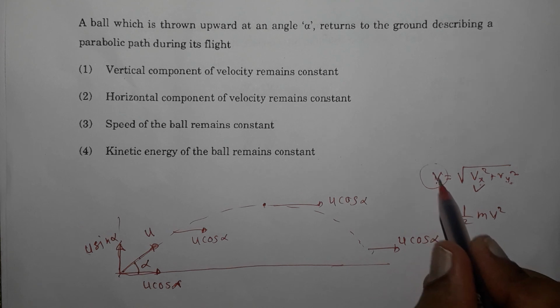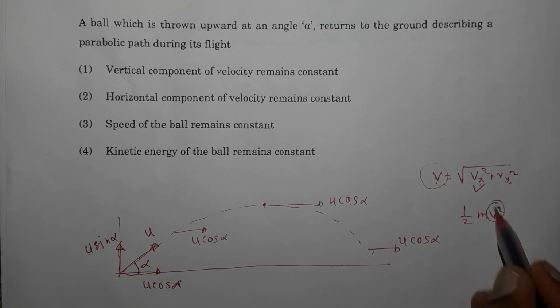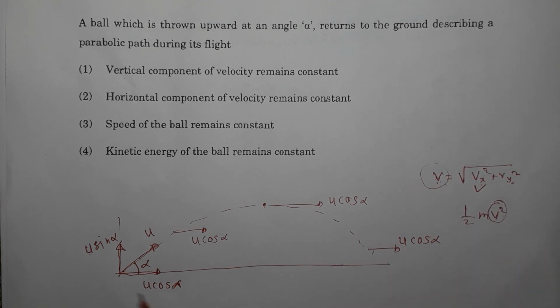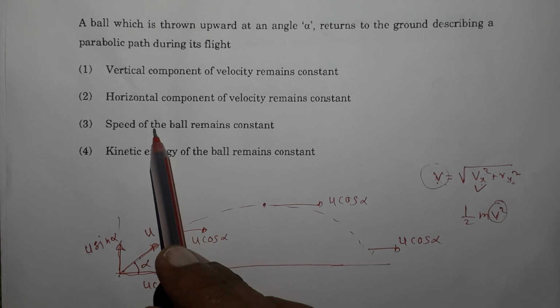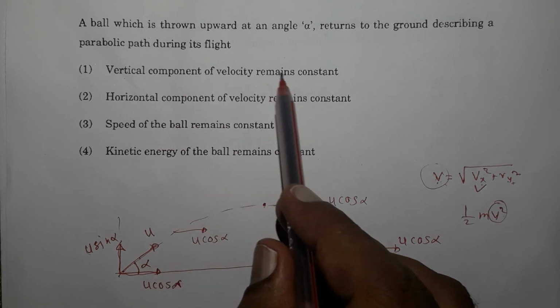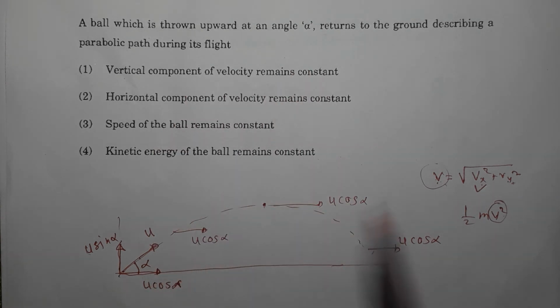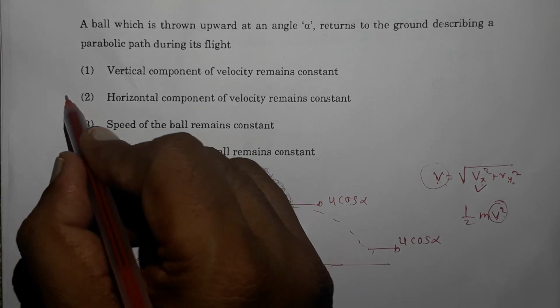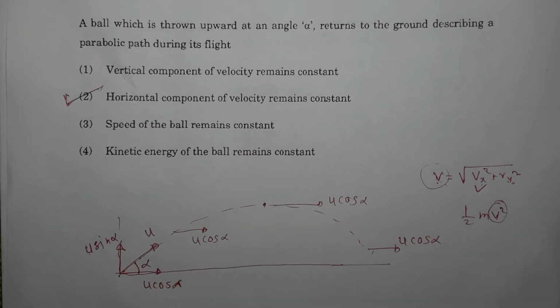If the speed itself is changing, then v square will also be changing. As such, the kinetic energy will also be changing, and kinetic energy will be minimum at the highest position. So these two are wrong. The vertical component of velocity is also not remaining constant, it is continuously changing, and that is why the correct option is option 2, that is horizontal component of velocity remains constant.